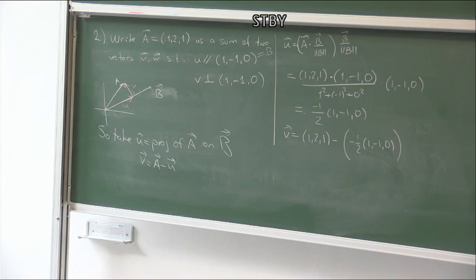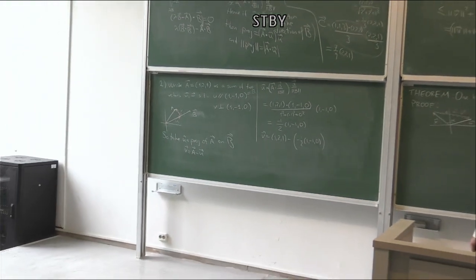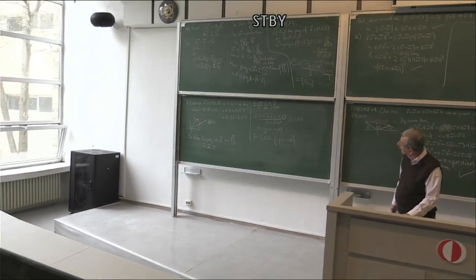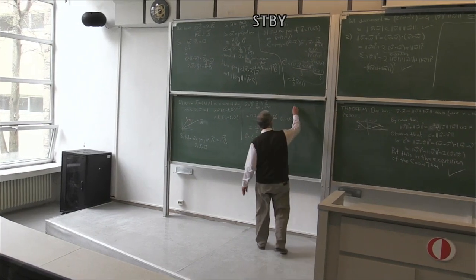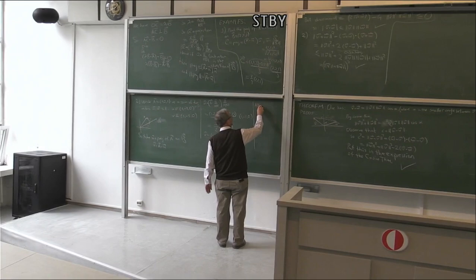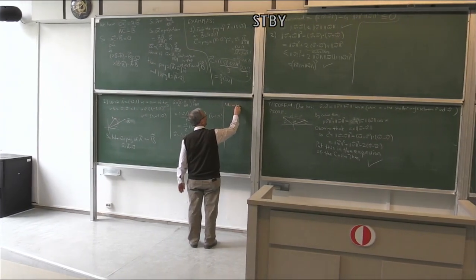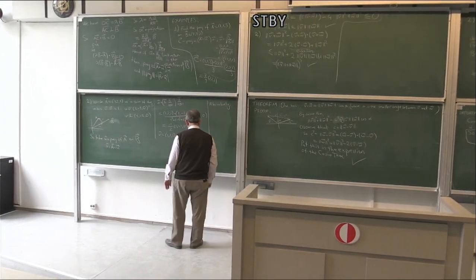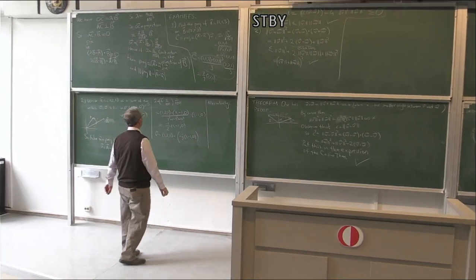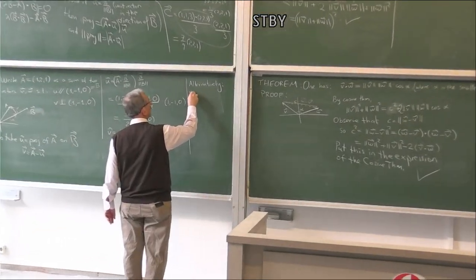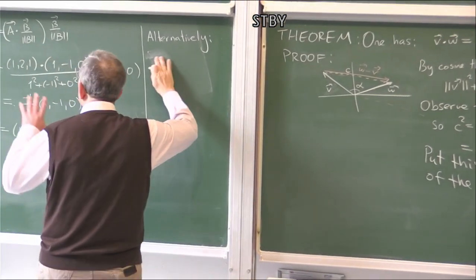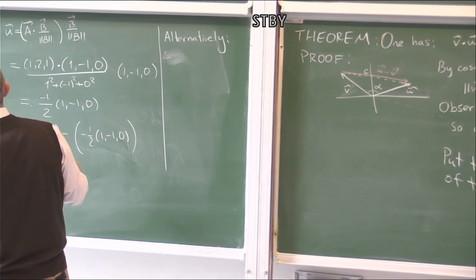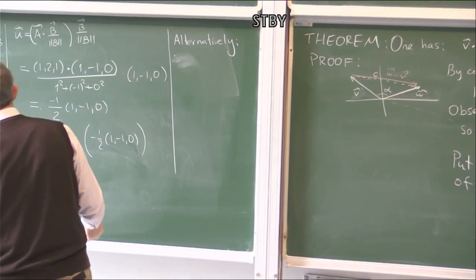Okay, we could have a direct approach also without using the projection. So alternatively, okay, what do we have? Suppose we found U and V. The properties are the given ones.